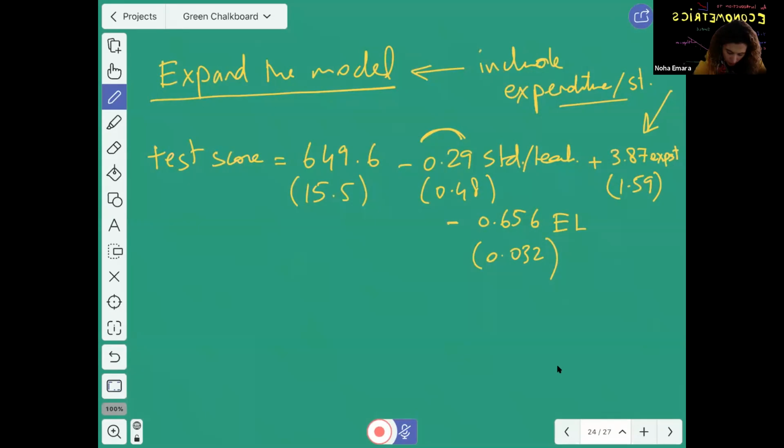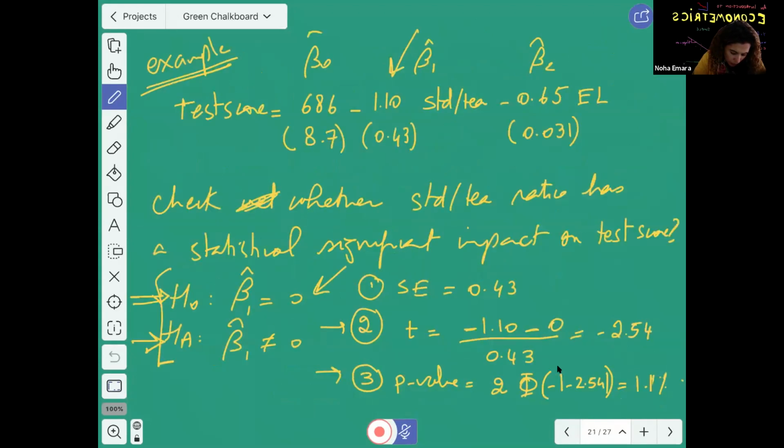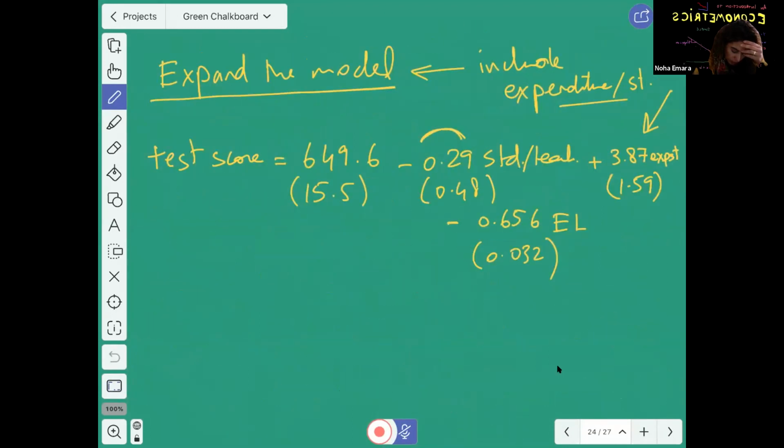So my model here used to be 1.10, right? This one is 0.65. What happened to these coefficients? Actually, this one stayed around the same number. It didn't change much. But this one has totally changed. It was 1.1. Now it's 0.29.